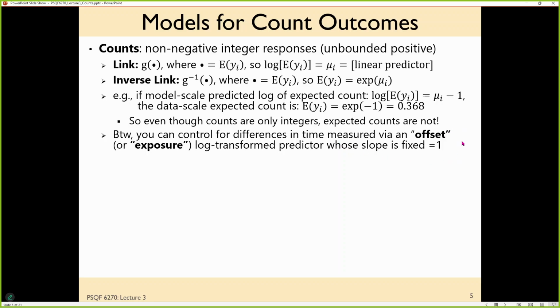If you have different ranges of opportunity in which to observe counts, or you have different expectations just based on how much is there in the first place, you might want to use an offset. Let me give you a couple examples.